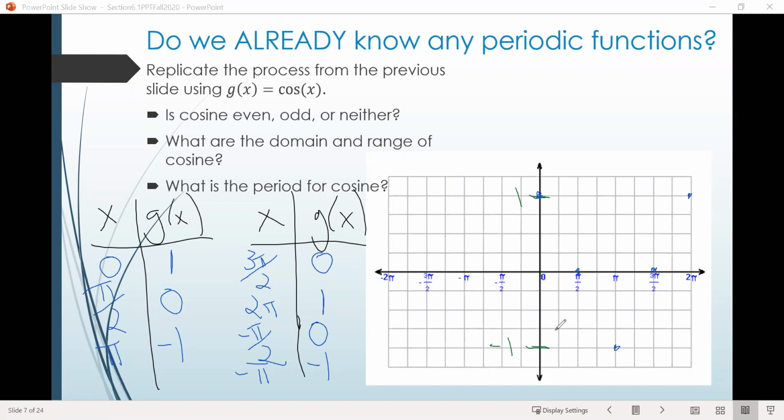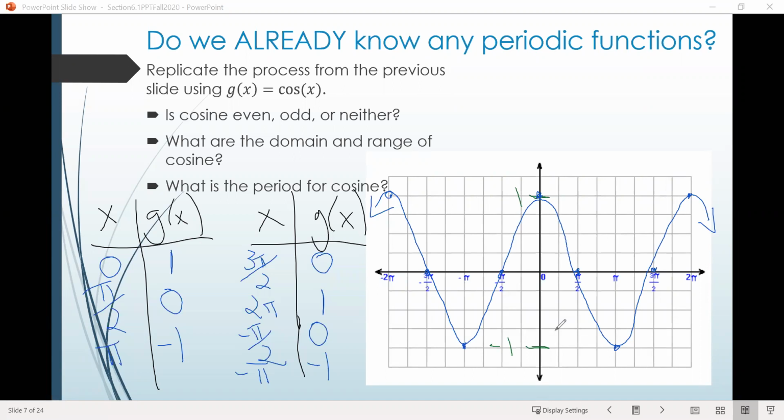Negative pi over 2 gives 0, negative pi gives negative 1. If I connect the dots now, my graph for cosine will look something like this, okay?